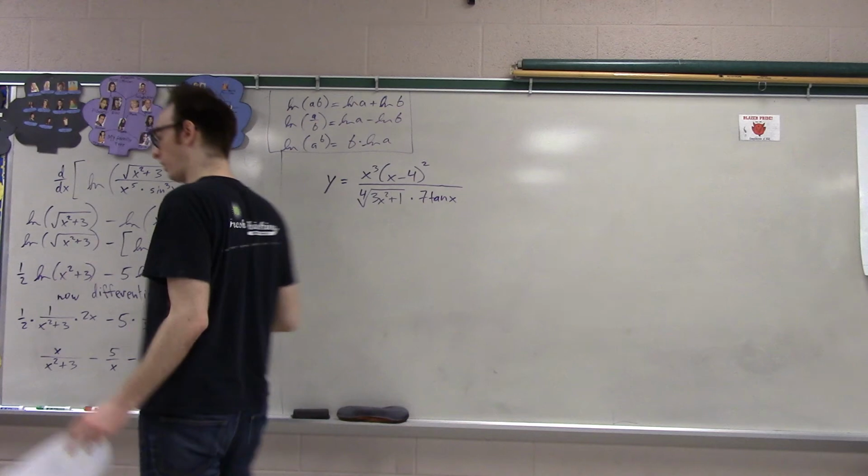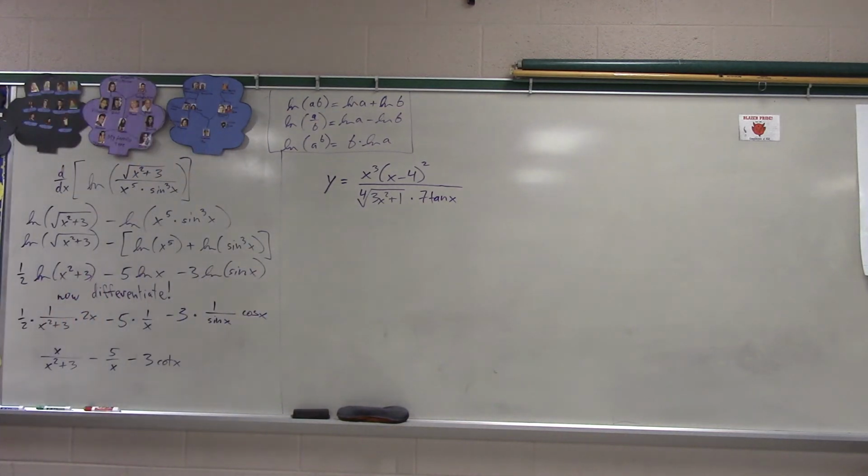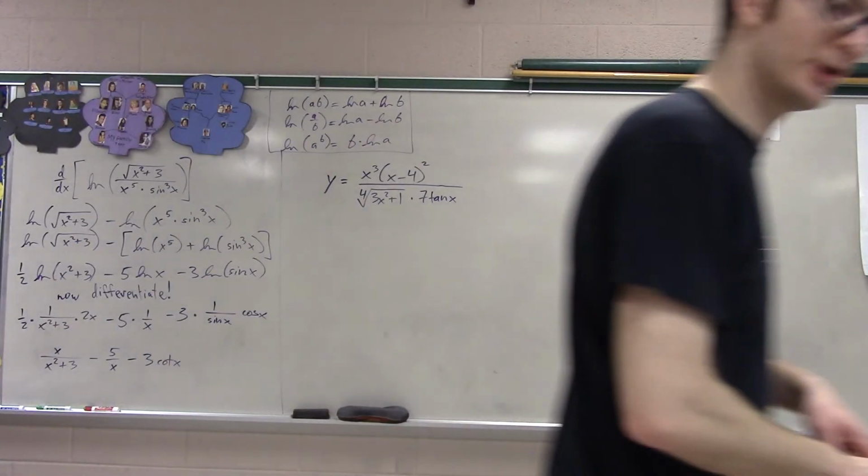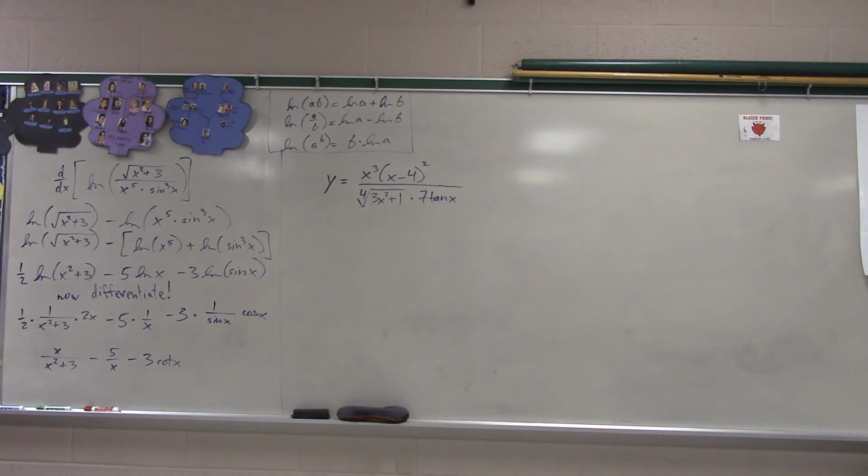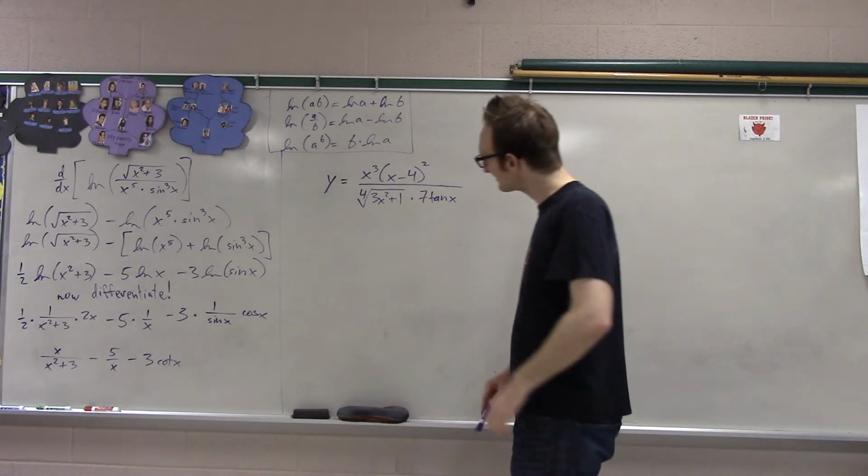All right, goal, differentiate this. I am angry at such a person who wants me to differentiate such a function because it looks terrible, and it seems like it's going to be quite difficult.